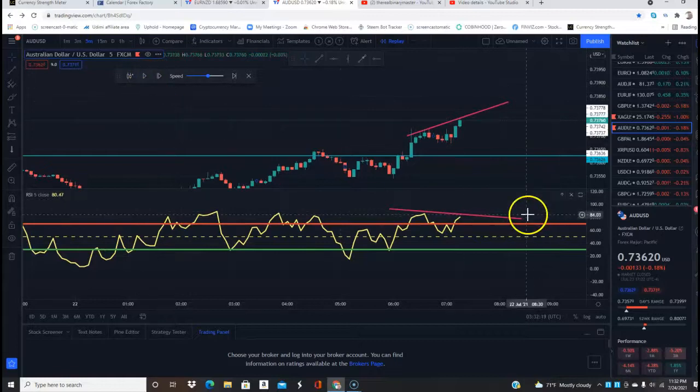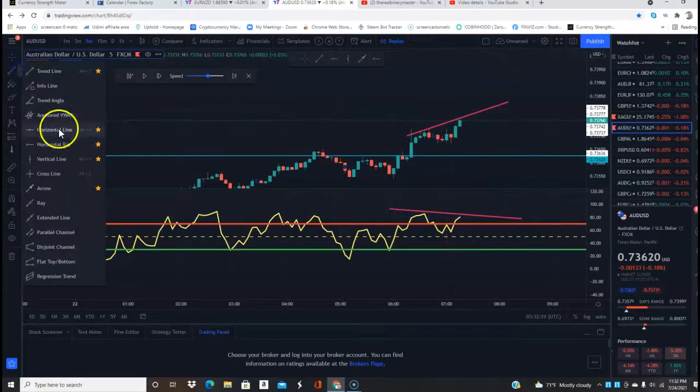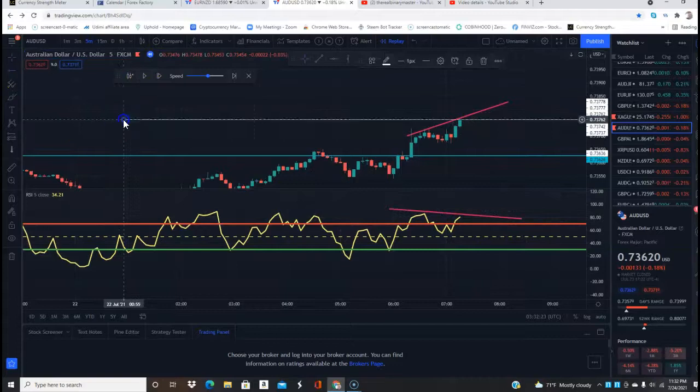So now we can see that price created a higher high based off of this price action here. Yes or yes, right? We all can agree that price created a higher high here.